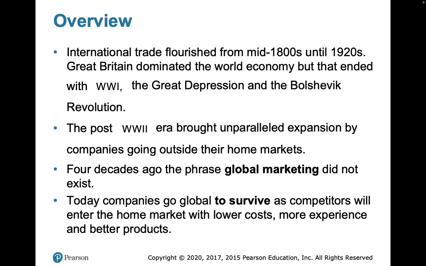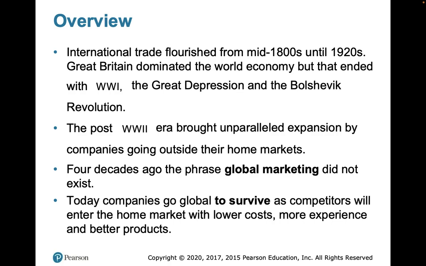From 1800 until the 1920s, international trade really flourished, and Great Britain dominated the economy, but its domination ended with World War One. After that era came the Great Depression and the Bolshevik Revolution.